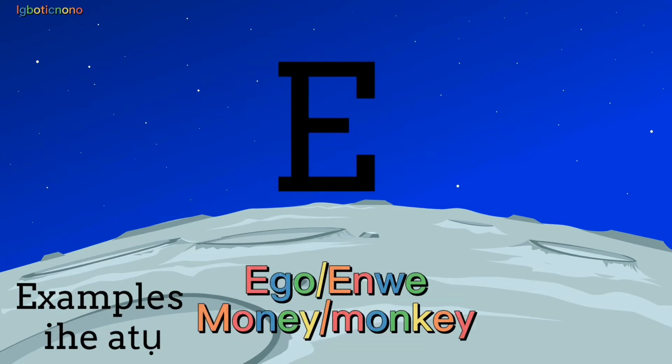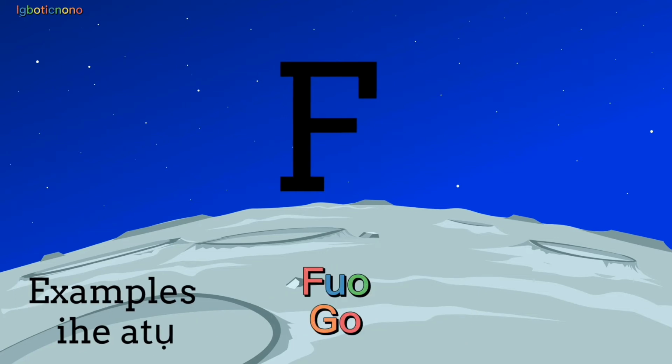We have E: A, B, chi, D, E. The E here is equal, money in English. You can see the English meaning of each of the words. And the F here is for, like to go. A, B, chi, D, E, F.